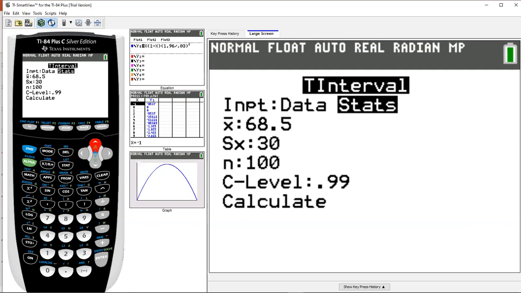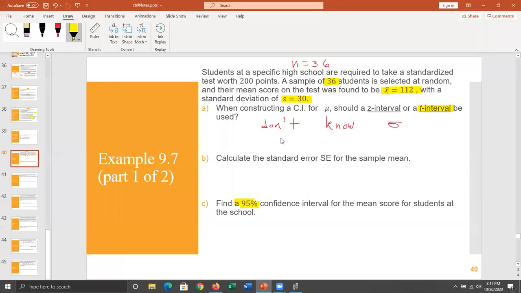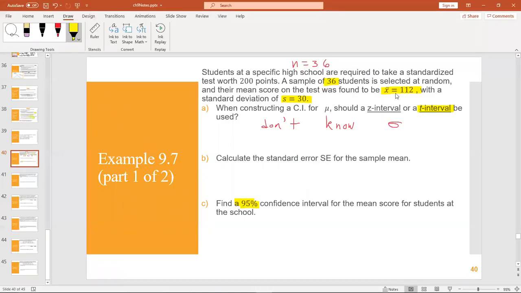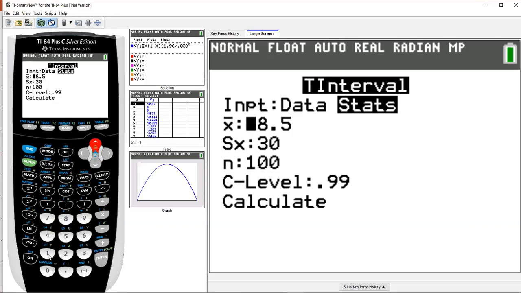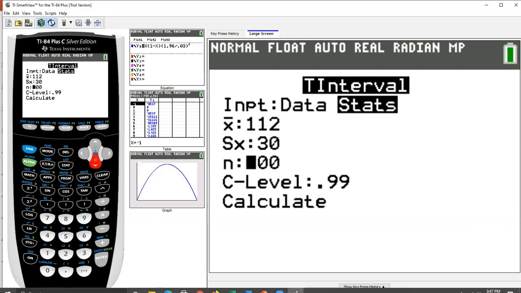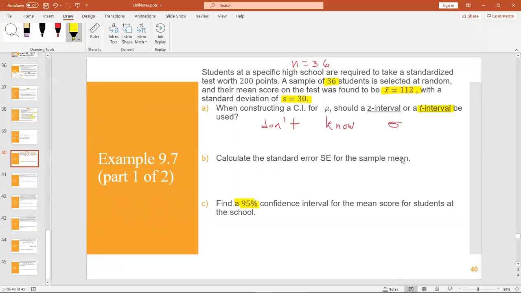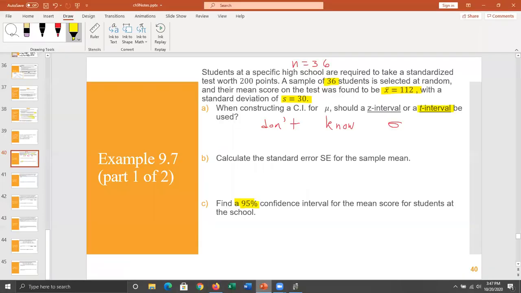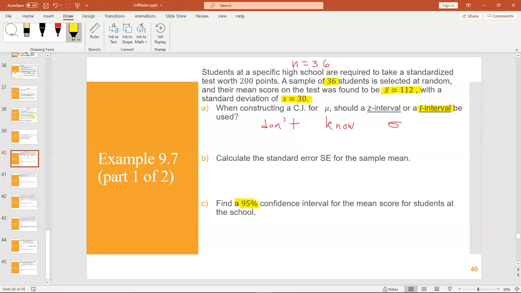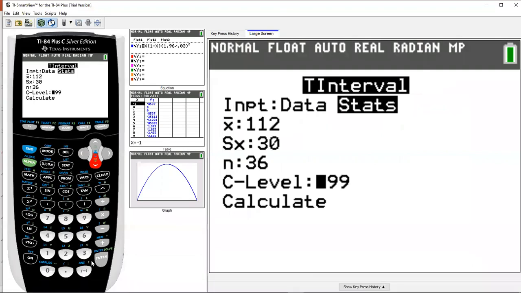Here they call it S sub X. X bar is 112. The value of N is going to be 36. That's how many people are in the sample. And confidence level is 0.95. That's the confidence level we want.